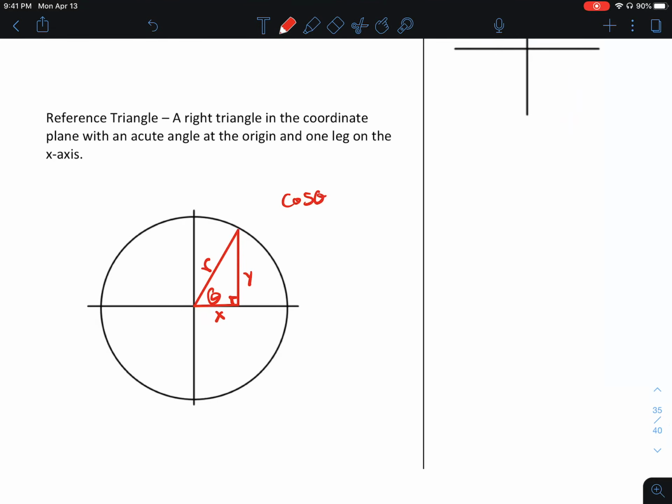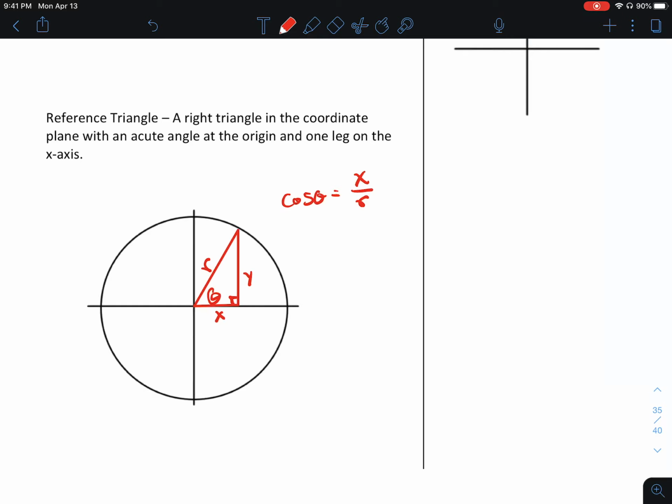Cosine of theta is defined as the adjacent leg over the hypotenuse. If you're using a reference angle, the adjacent leg will always be x. And if you're drawing this in the coordinate plane and the center is at the origin, the hypotenuse will always be r. So if you have a reference triangle, cosine of theta is always x over r.